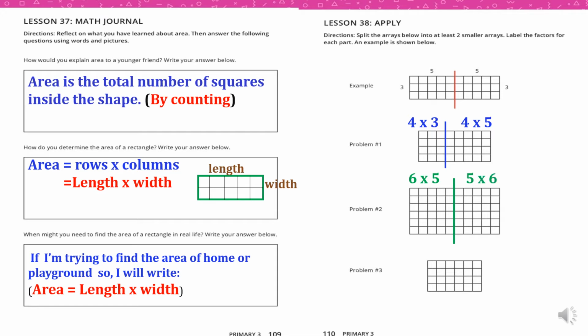And the next one will be 5 times 6, 30. 30 plus 30, I will add them to find the total. 30 plus 30, 60. The last one, I will split it like this. The first array will be 4 times 4, 4 rows and 4 columns. And the second will be 4 times 2.